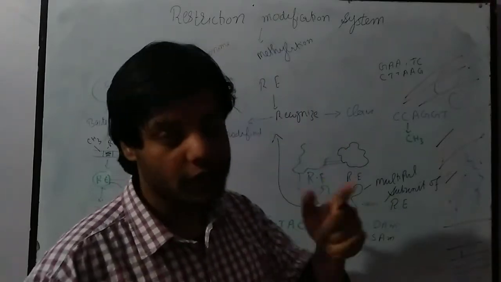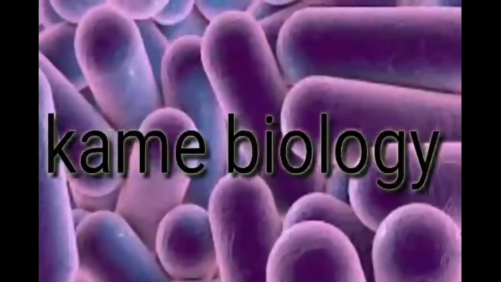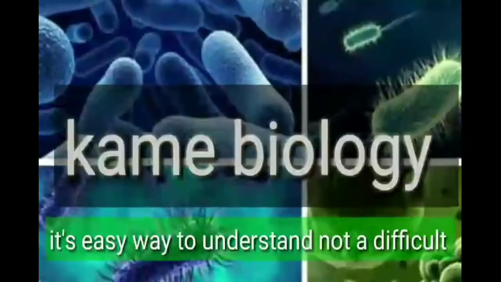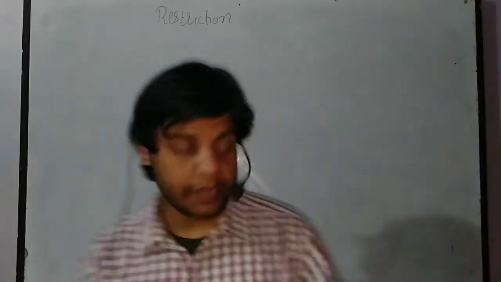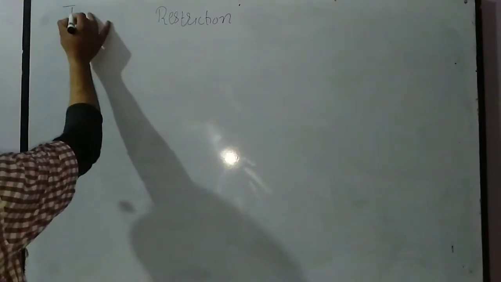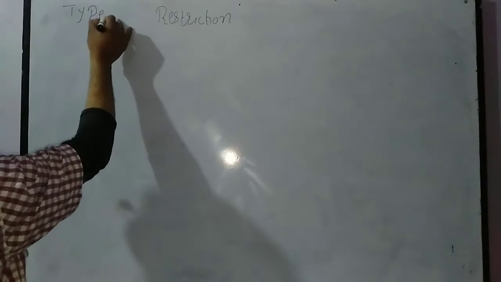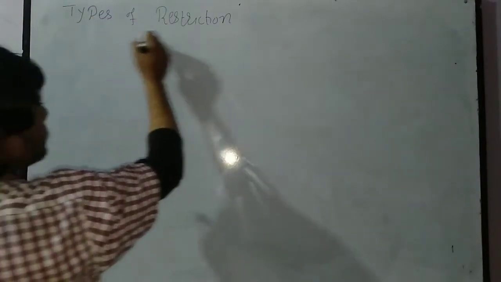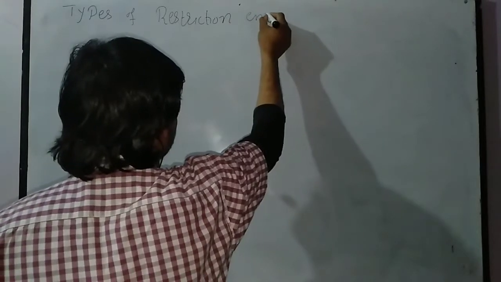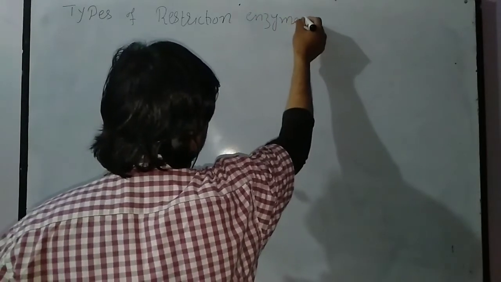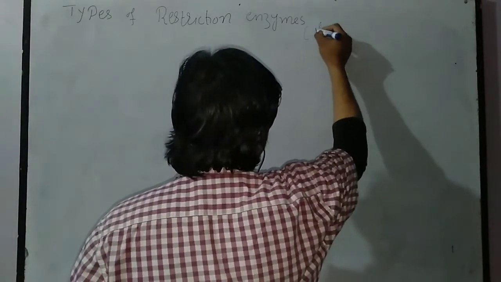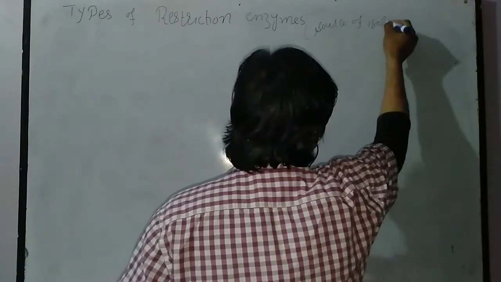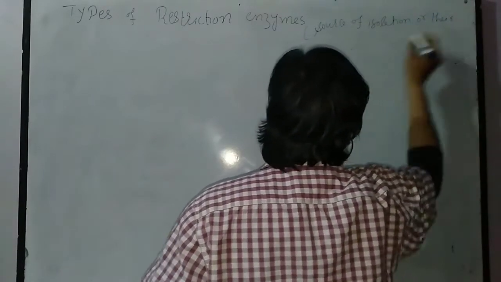Okay, so let me clean the whiteboard and let's start. Let me write types of restriction enzyme on the basis of their source of isolation or biochemical activity.